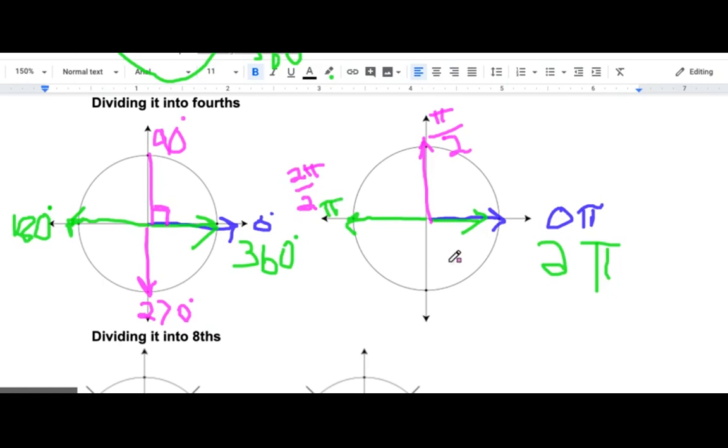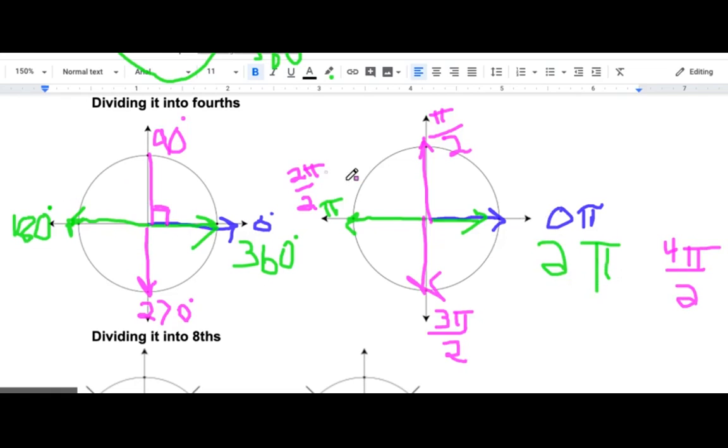Then if I add another one for the one equivalent to 270, I have 3 pi over 2's. So here's 1 pi over 2, 2 pi over 2, which is the same thing as pi. Then 3 pi over 2. And if I go another 90 degrees, I have now officially 4 pi over 2's. But if I do 4 divided by 2, I just get the 2 pi's.